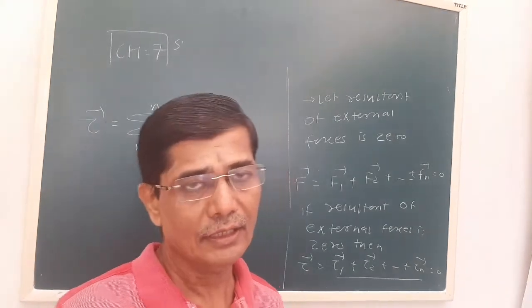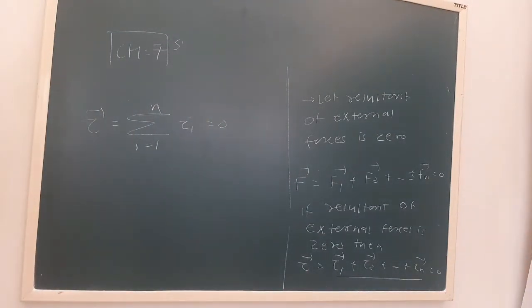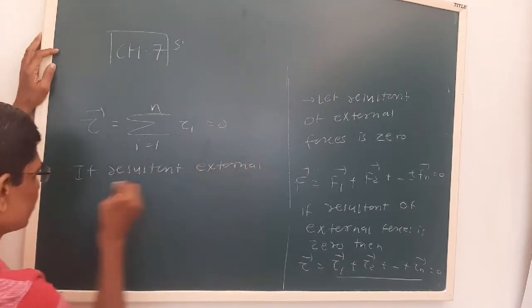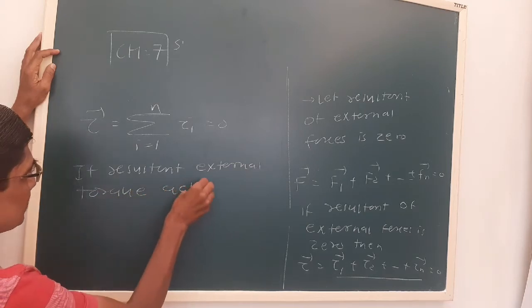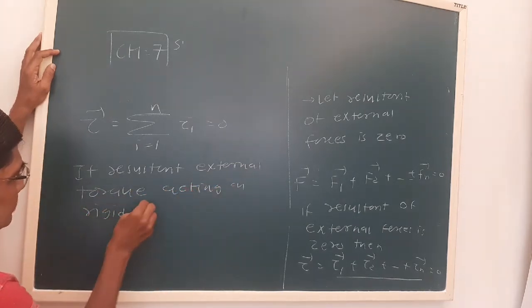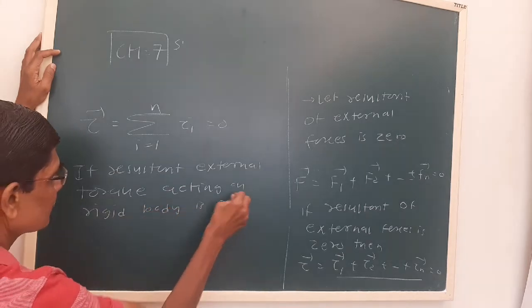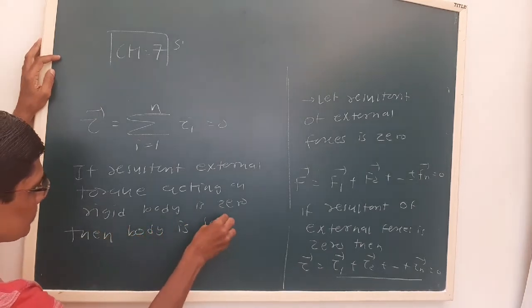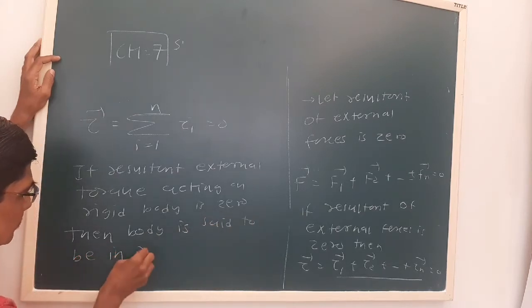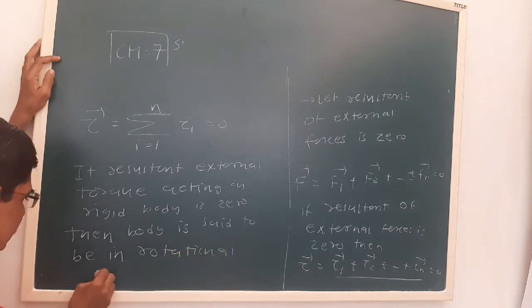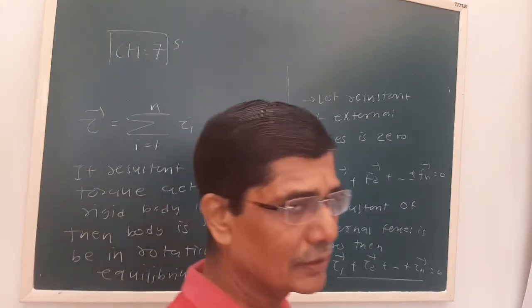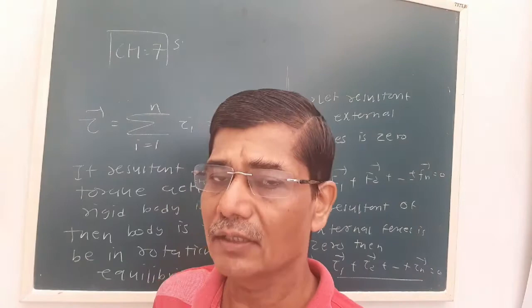We can say, if the resultant external torque acting on a rigid body is zero, then the body is said to be in rotational equilibrium. In linear motion we talked about equilibrium, where the resultant force was zero.